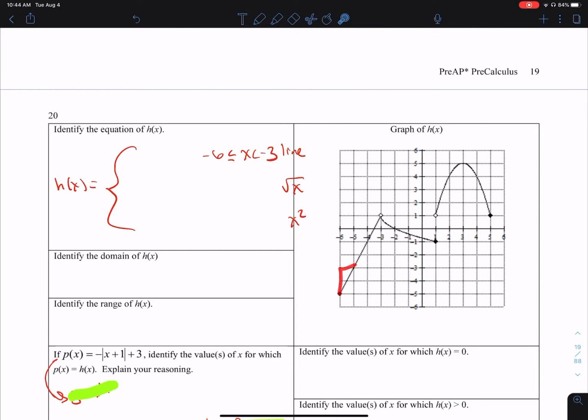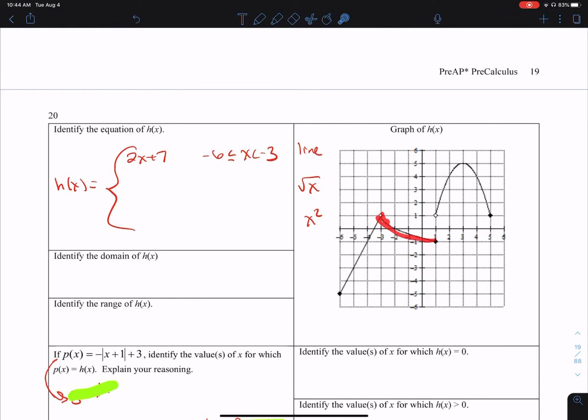Well, the slope is clearly 2. It's up 2 and to the right 1. Now we could just continue to count spaces. Up 2 and to the right 1, up 2 and to the right 1, up 2 and to the right 1 to see that the y-intercept is 7. There's no shame in that. So 2x plus 7, y-intercept, slope. You could also use point slope form. It takes more work, but that's going to give you a more accurate answer, and I can show you that if you'd like.